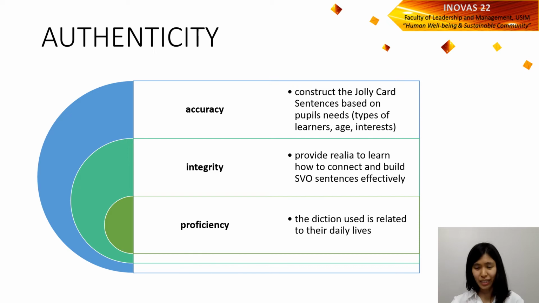Plus, they are provided with realia to learn how to connect and build SVO sentences effectively. As for diction, the choice of words used in the cards are all related to their daily lives, which helps them access their schemata.